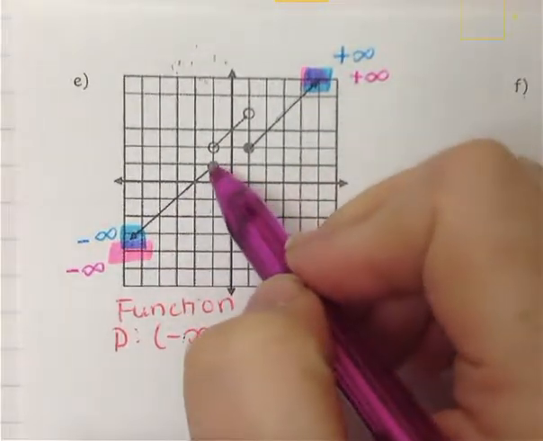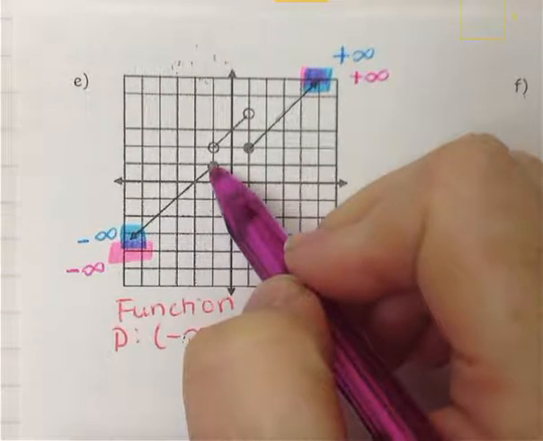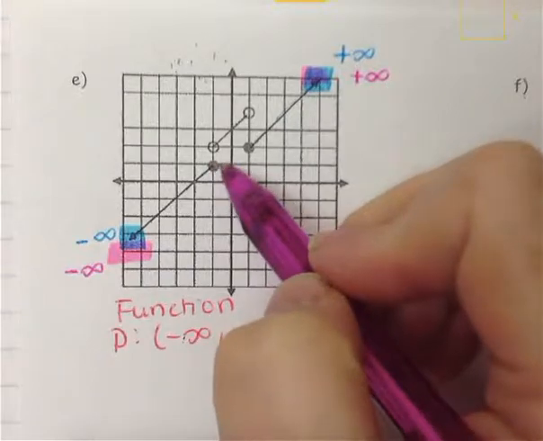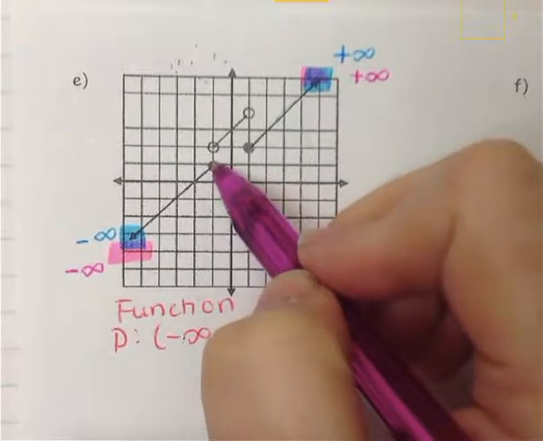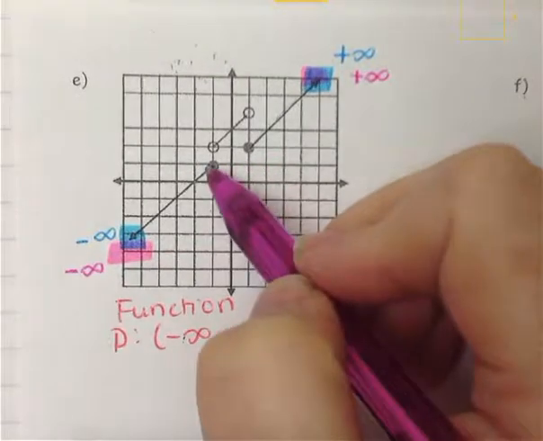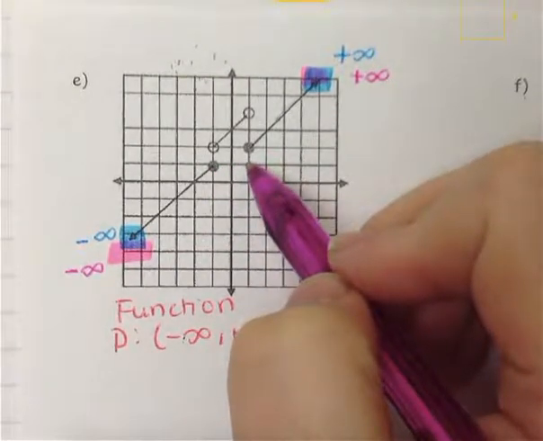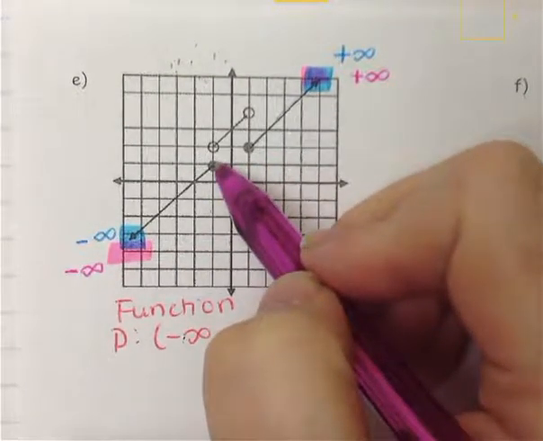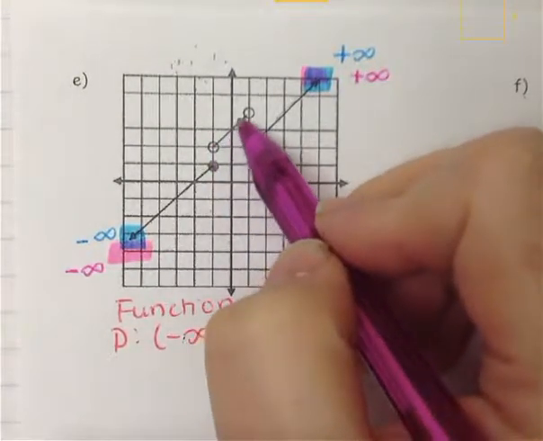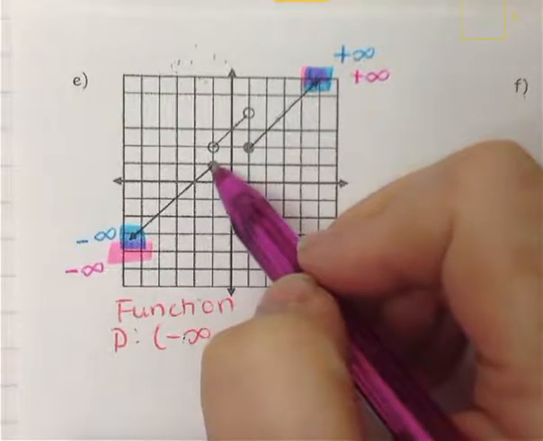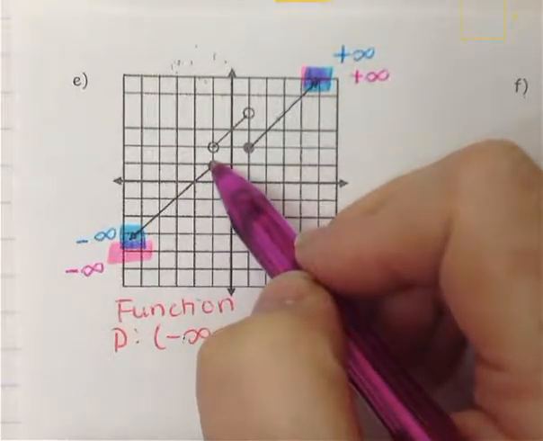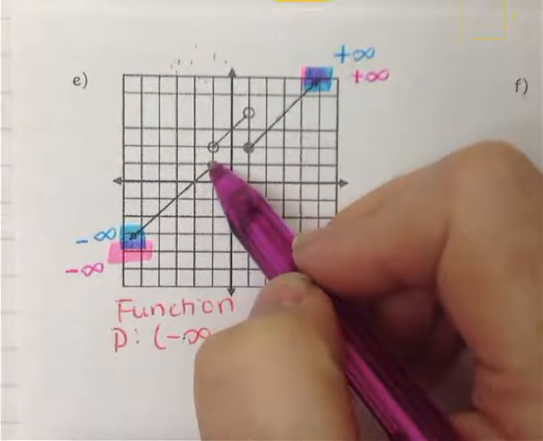So we need to know, can I go to the left or right? Can I jump left or right without breaking the solid? The domain, I could jump up and down and then continue going right. So I need to see if I can jump left or right to continue going up.